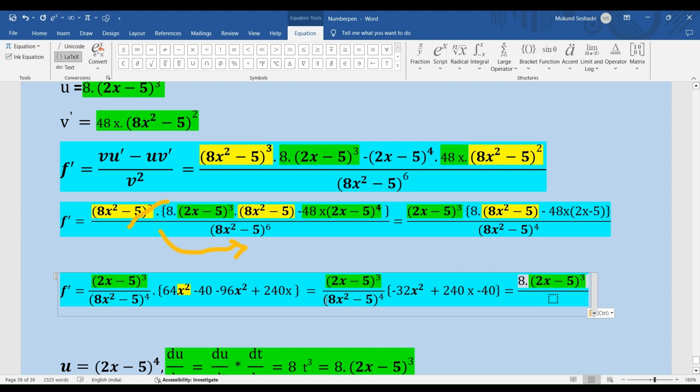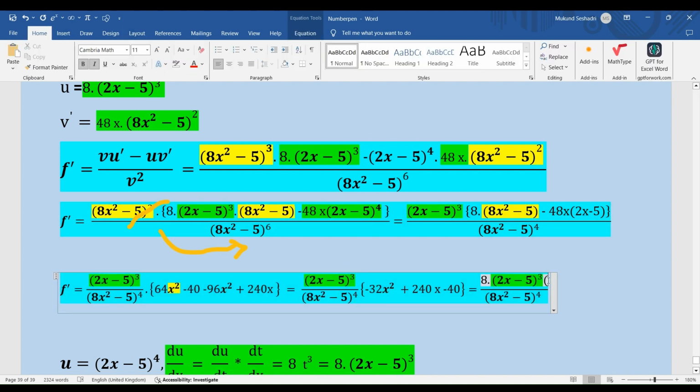Divided by (8x² − 5) the whole power 4. I pulled out my 8, folks, remember that. And then post pulling out my 8, what is my final answer? My final answer here is, I have pulled out my 8, so my −32x² becomes −4x².